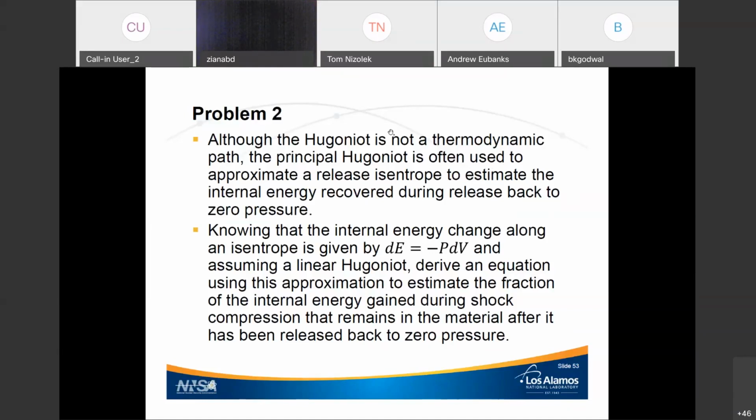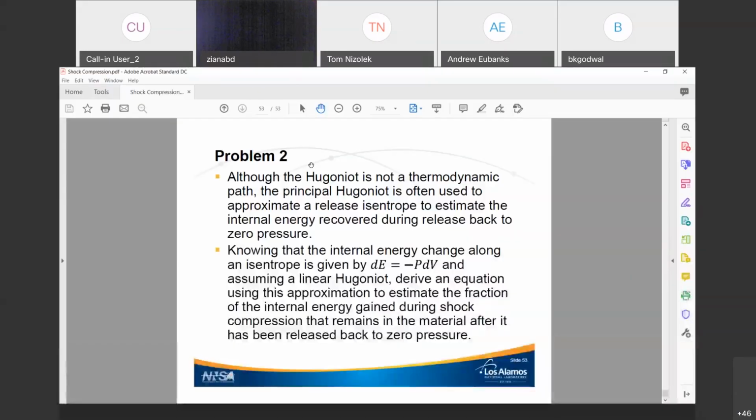It can be used very crudely for material that is porous, but it's a lot more difficult to use in that situation. And so those are the two problems that I have. And now I will entertain questions.